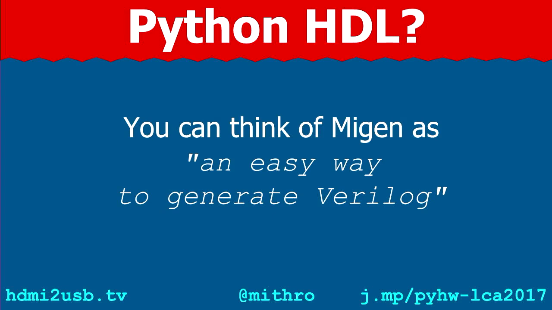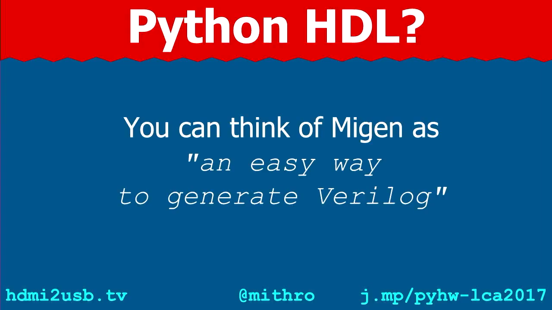It doesn't abstract away the hardware. You can't just write a piece of Python code and it automatically gets converted to hardware. You're still thinking about things like clock domains and gates and how signals combine. But it's much, much more powerful because Python is a high-level productive language.